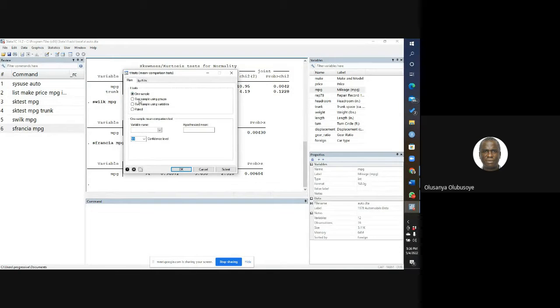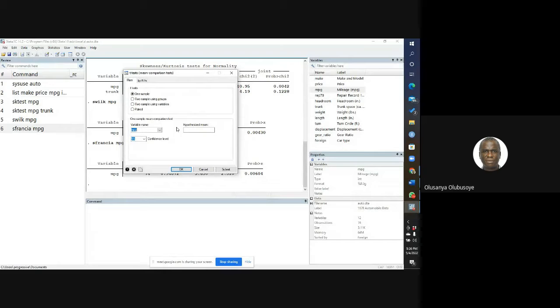I've told you, you can deal with one sample or two samples. When are you dealing with one sample? When you have only one variable. So let's say in this case, the variable we are interested in is the MPG. When you are using the t-test, you need to specify the hypothesized mean.